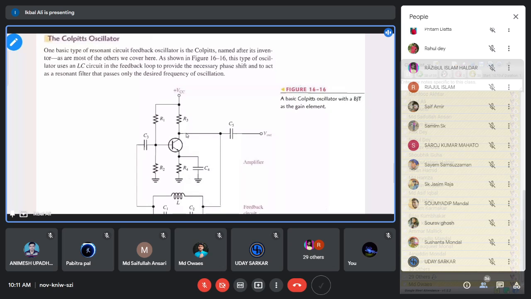That is why, if you construct an oscillator circuit where the beta network contains inductor and capacitor, it can generate very high frequency, greater than 1 megahertz. Radio frequency can be generated up to 1 gigahertz, or even several gigahertz nowadays, with the help of a transistor.